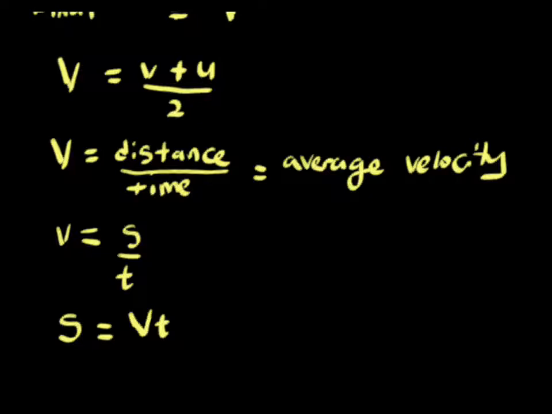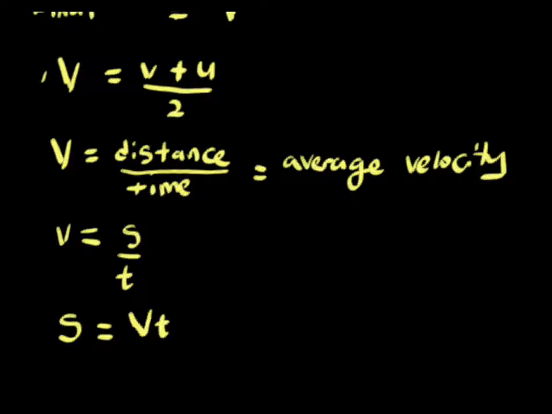Now, since your average velocity says that your average velocity is v, that's final velocity plus initial velocity divided by 2, we can substitute this value now, v plus u over 2, into this formula for our distance.